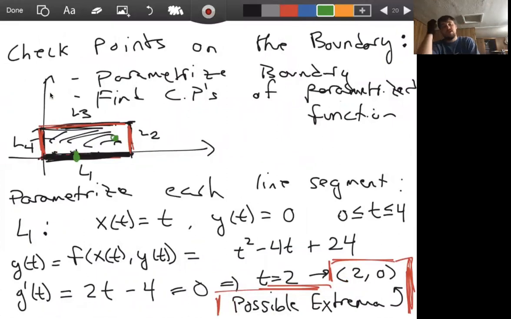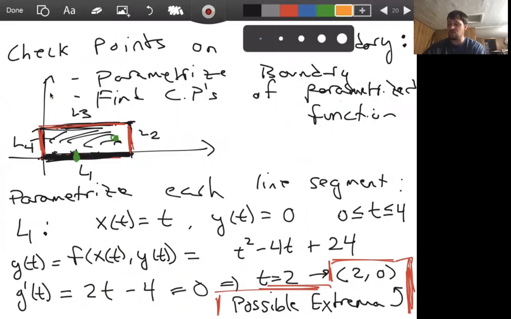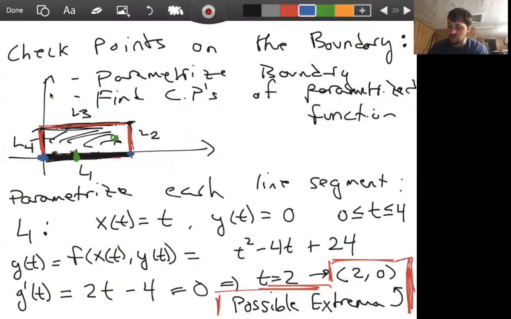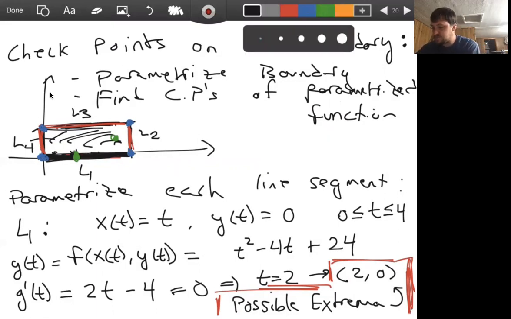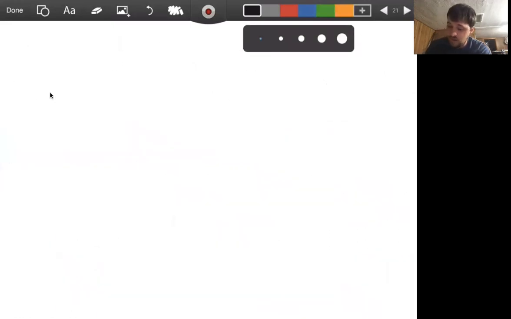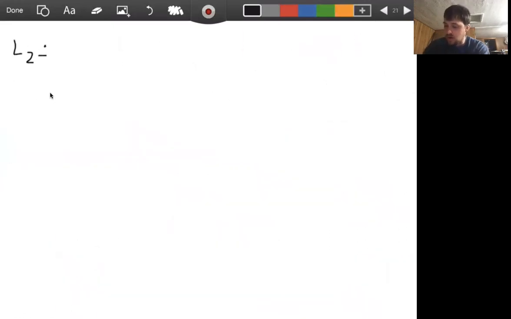And now here's where these get lengthy. You have to parameterize the entire boundary and check the entire boundary. You also have to check the corners. We haven't checked the four corners. Sometimes they can show up in the parameterization, but as a rule of thumb, you'll want to always check them no matter what. So let's do this for L2.